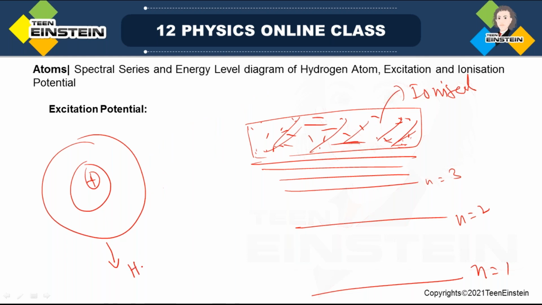Hydrogen atom is ionized when we take the electron out, completely detached or isolated. We say you are taking it to infinity. When an electron is taken from a particular atom to infinity, the atom is called ionized, because no longer will it be neutral, it will be positively charged then.